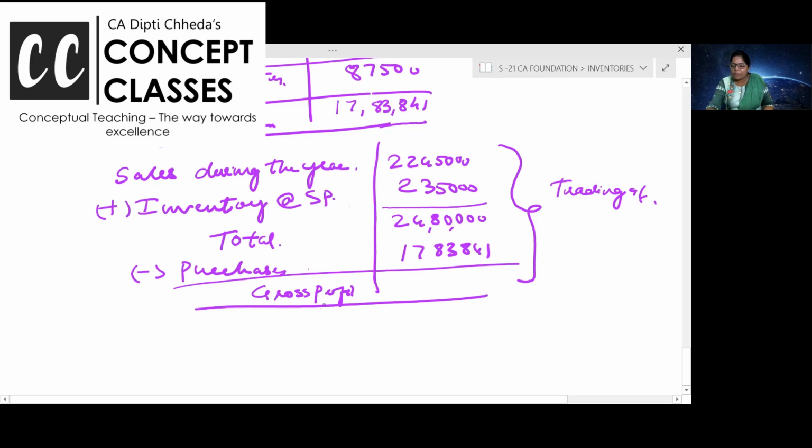As good as purchase is sold, or it is there in the inventory as closing stock. So what is the GP now? I'm not going to sell everything that I purchased, but why am I calculating to get the GP? Oh, the sales is 22,45,500.